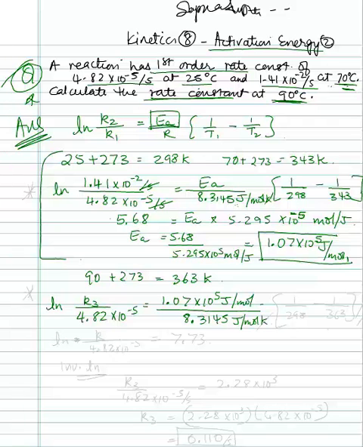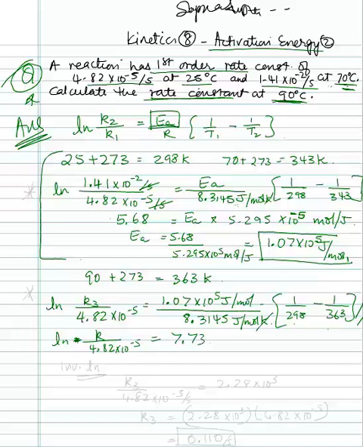So 1 over 298 minus 1 over 363, and that is over Kelvin. Kelvin goes away. And so then ln of K3 over 4.82 times 10 to the negative 5, and after you do this whole beautiful calculation, you should get 7.73 as your answer.